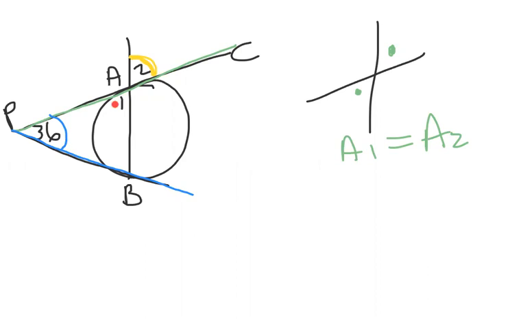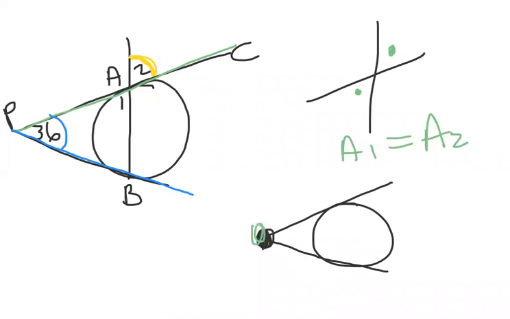So another rule for tangents, if you have a circle and you have two tangents that start from the same point. So if you start from this point and you go one direction, and you start from the same point and you go another direction, if both of them are tangents, which means they touch the circle, then from this point to that point will equal this one to that one.